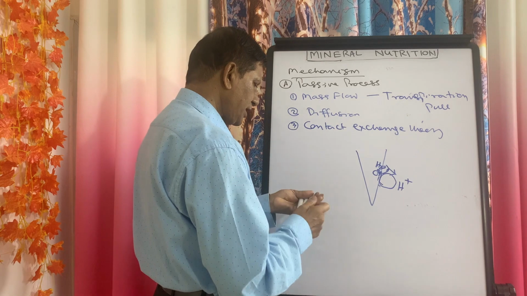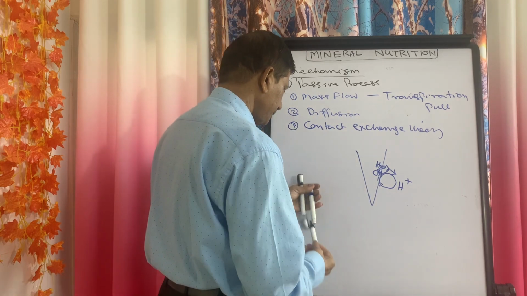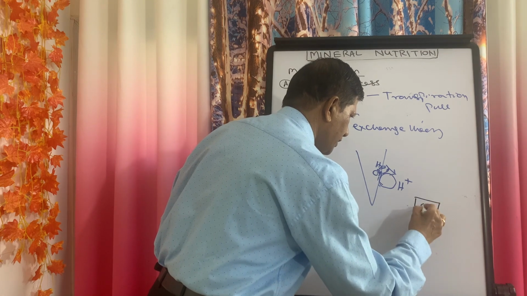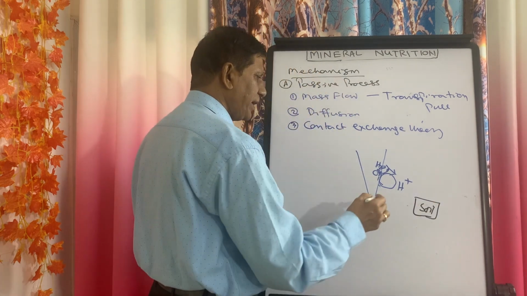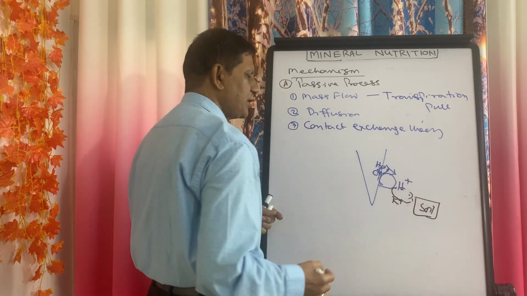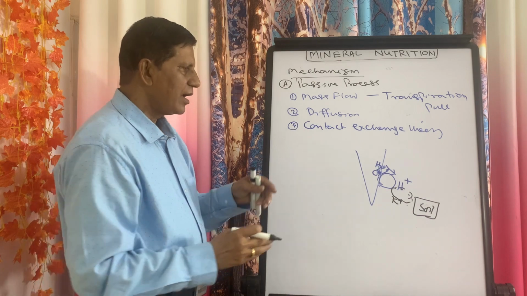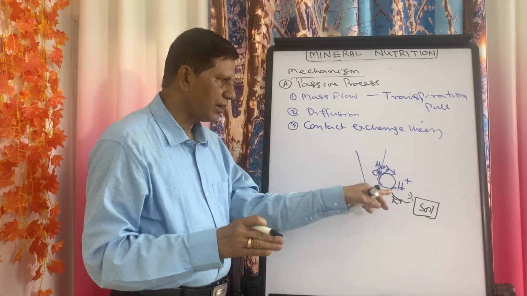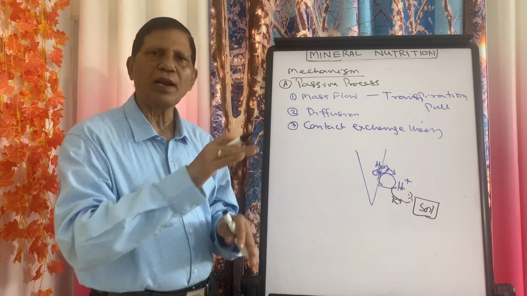Similarly, suppose this is one soil particle. And to this soil particle, suppose another ion, like this potassium ion, is attached. That means the oscillation volume of this hydrogen and that of the potassium ion overlap each other.